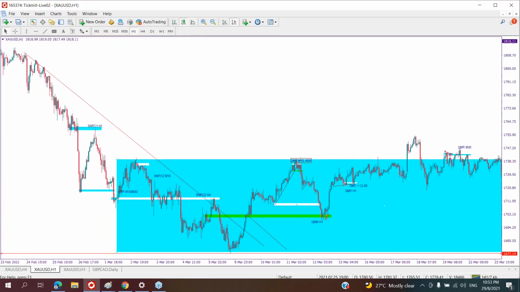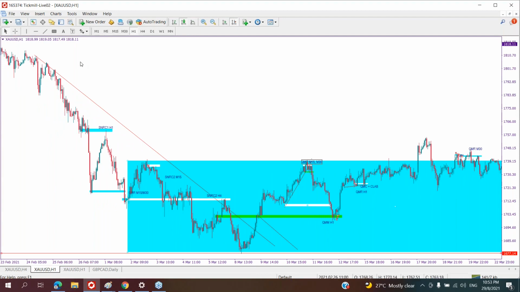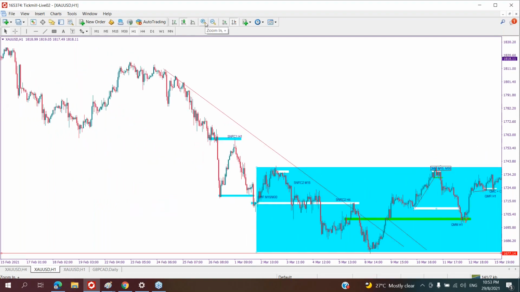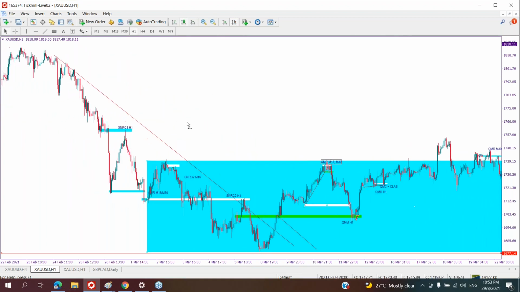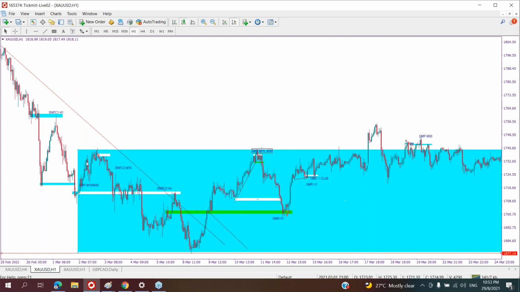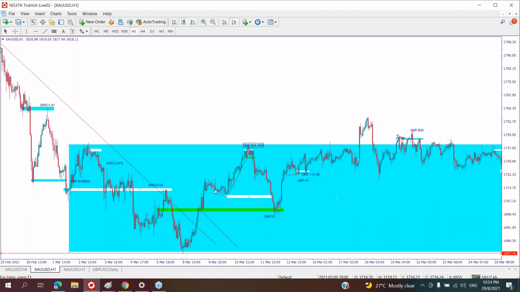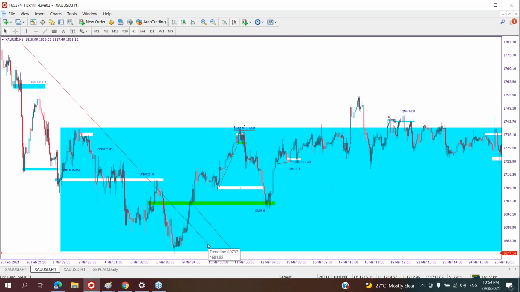Okay, if QMR in uptrend, like here, yes, we can consider sell, but here price is in demand zone, and we should buy in demand zone, but instead of buy, the price making false setup in the demand zone. And then you have to be suspicious when the price make QMR sell in the lowest price.